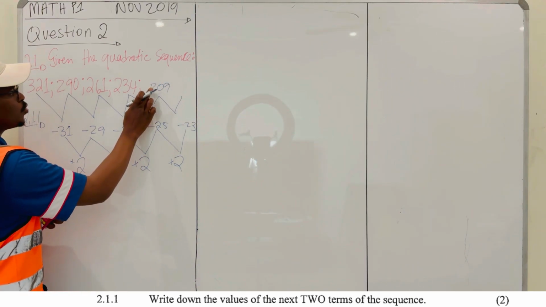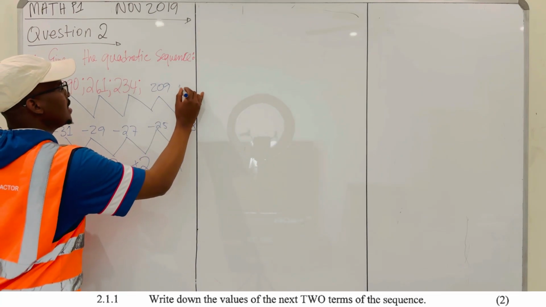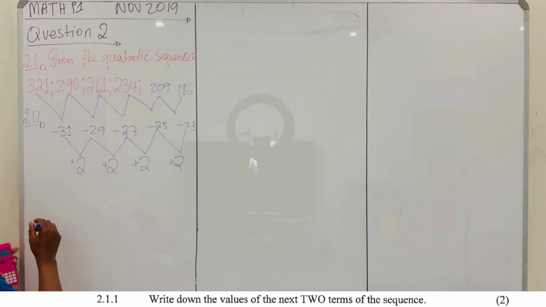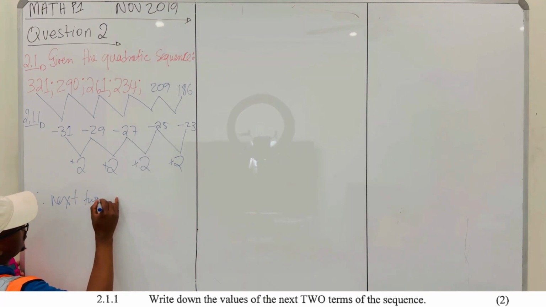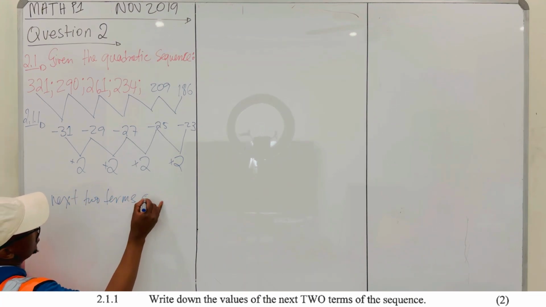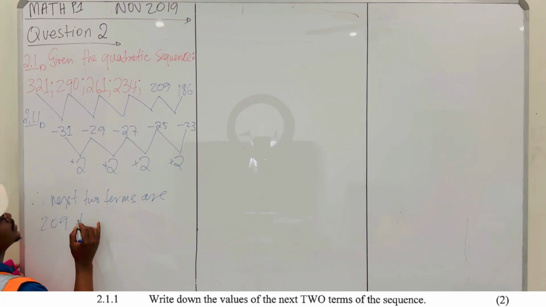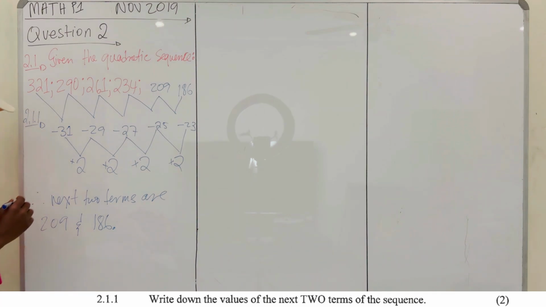And then 209 minus 23, you'll get 186. So in your question, they are saying write down the next 2 terms. Therefore, the next 2 terms are 209 and 186. Here they are. We're done here.